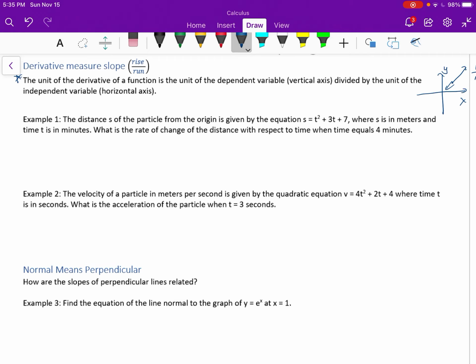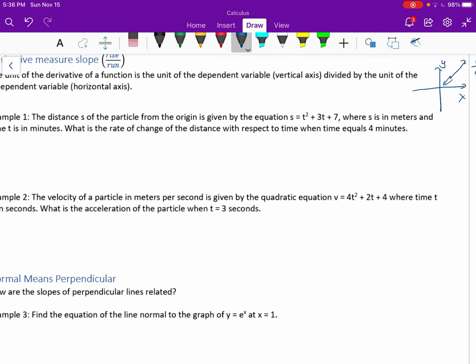So example 1, the distance, s, of the particle from the origin is given by the equation s equals t squared plus 3t plus 7, where s is measured in meters and t is in minutes. What is the rate of change of the distance with respect to time when time equals 4 minutes? So what's the rate of change of distance with respect to time?